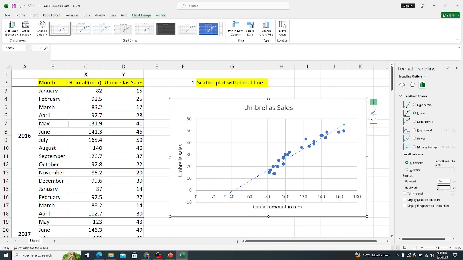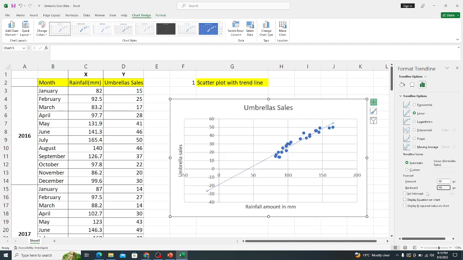What if I take it to 99%? You can see if I take it to 99%, it's already cutting. This regression line, if we do the backward projection, is already cutting the what?